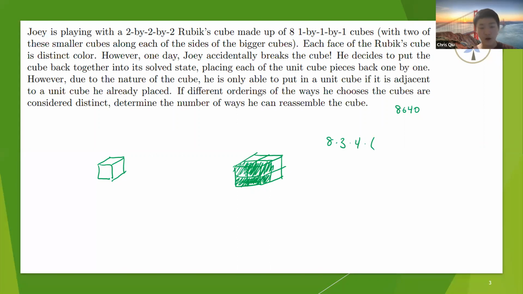No matter what order he reassembles the remaining 4 cubes, it's going to be a valid reassembling because each of these 4 cubes is already adjacent to one of the cubes he already assembled. So there's going to be exactly 4 factorial ways to reassemble the remaining cubes, which are these 4 behind the original 4.